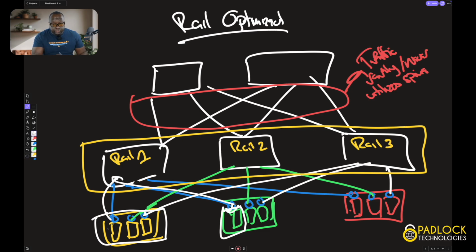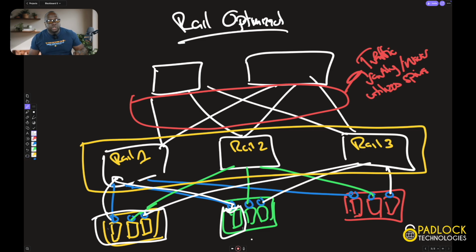In the other design, I had to go up to leaf 1, to spine 1, to leaf 2, to the server. In this one, I go up to leaf or rail 1 and then directly to the GPU. So I'm reducing the latency, which is increasing the performance of my AI cluster.